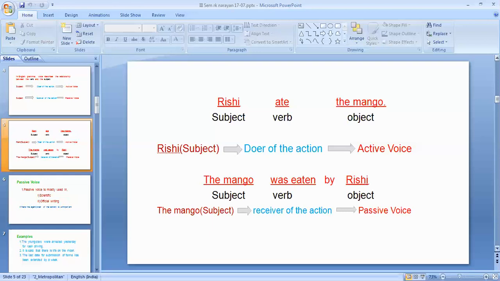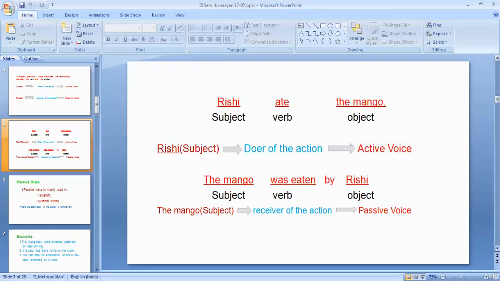But in the arrangement of the sentence, the receiver of the action, on which the action is done, the mango, is in the position of subject. So here the mango is the subject of the sentence and it is the receiver of the action. So this sentence is in passive voice. So in this way, if the doer of the action is in the subject position, those sentences are called active voice.